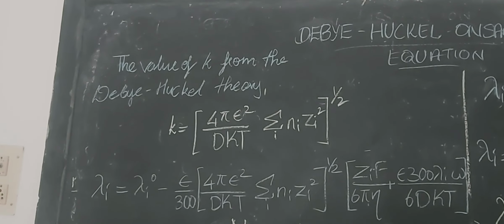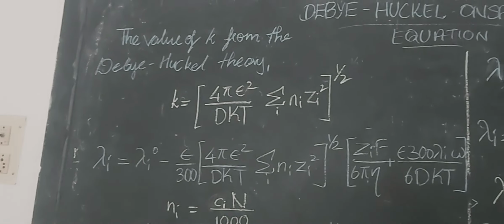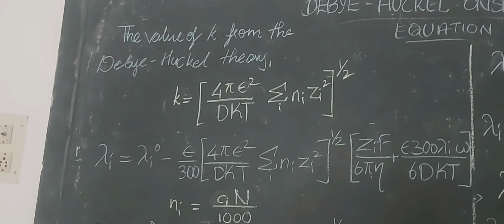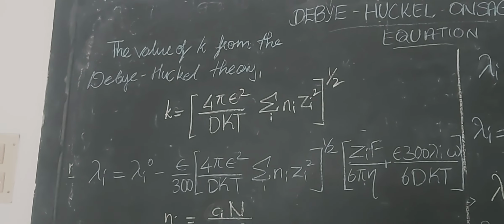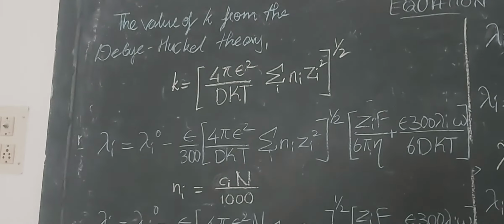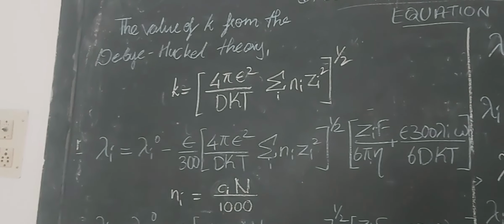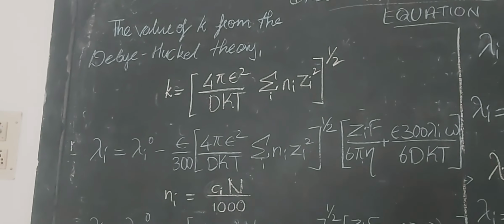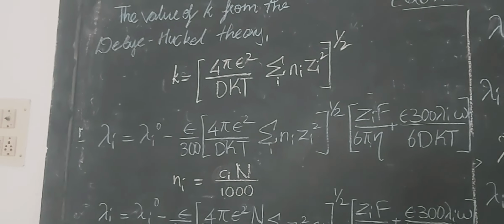If we substitute this k value in the equation, we will get the equation like this in the multiplication form. And what is n_i? What are the n_i ions in the solution which are surrounding? So n_i is C_i into N divided by 1000. C_i is the concentration of the solution, N is the Avogadro number of ions which are present in the solution, divided by 1000 or in a liter.